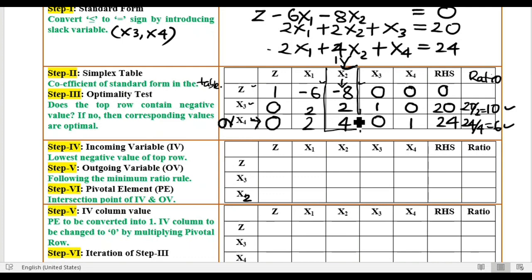Now I have to make this one 1. I can make it 1 by dividing by 4. As per simultaneous equations, I'll divide all the elements of the row by 4.